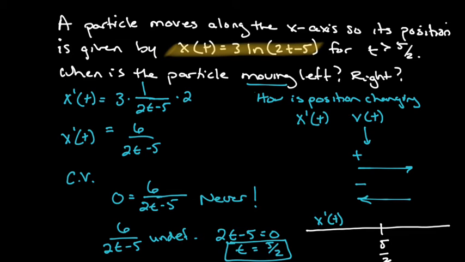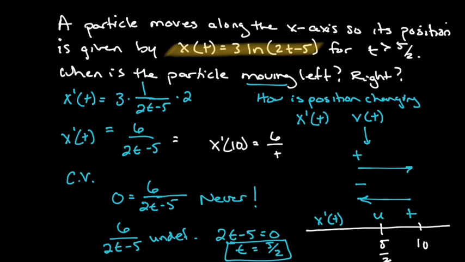I'm going to look after 5 halves. If I plug in something after 5 halves, say 10, up here, I get x prime of 10 is 6 over something positive, so that's going to be positive. So x prime of t is positive on that interval. And it was actually undefined right there, not 0.